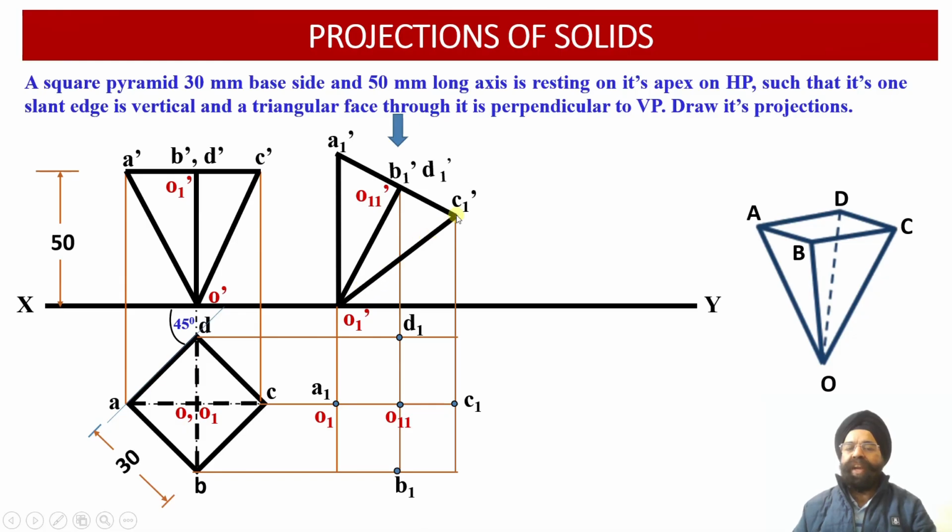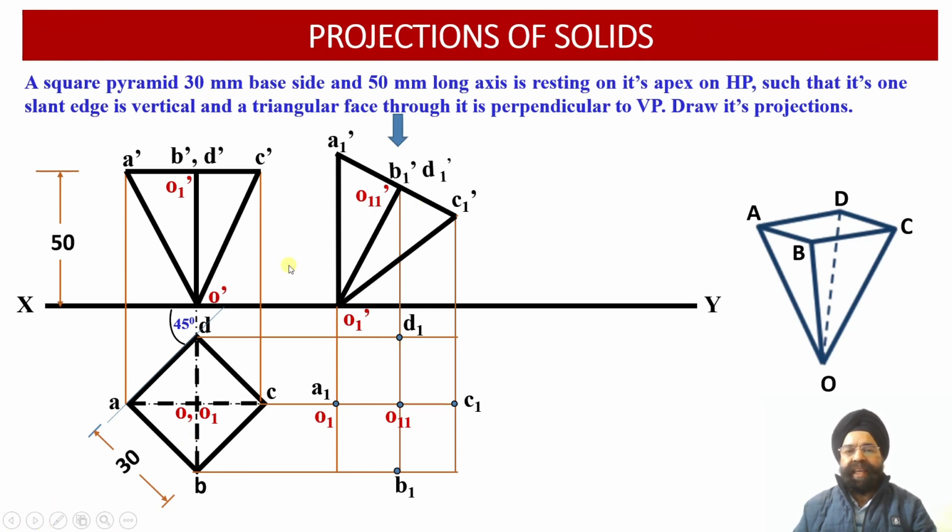So this will not be visible to the observer from the top. So one edge we have already identified, O1 dash, C1 dash, because it is lying at the bottom side. So this will not be visible. Otherwise we will check whichever edges originating from O1 dash are not falling in the boundary, they will be drawn as a hidden line.